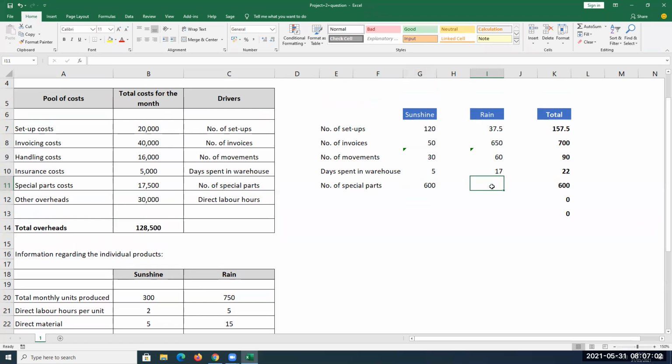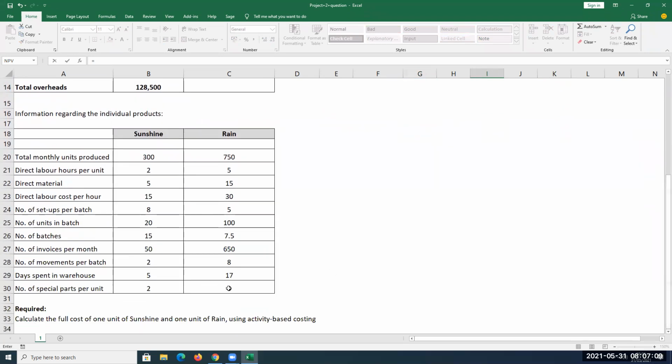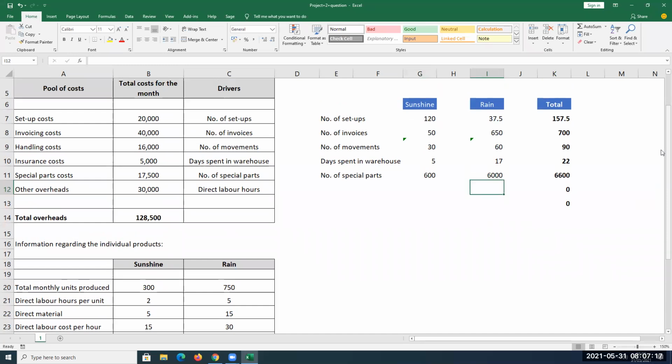And for the other product, 8 special pots multiplied by 750 units. So the total is 6,000. So the total is 6,600.